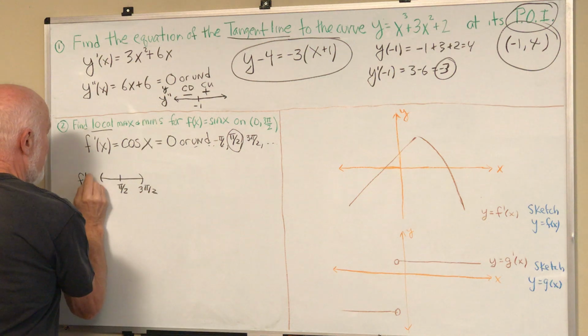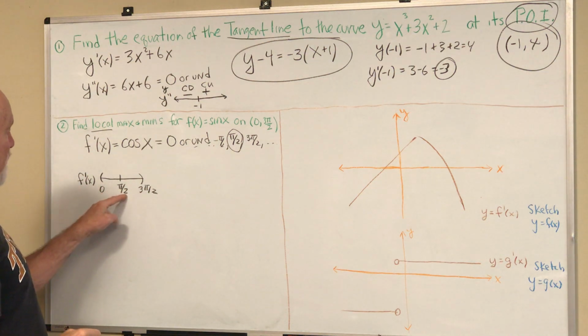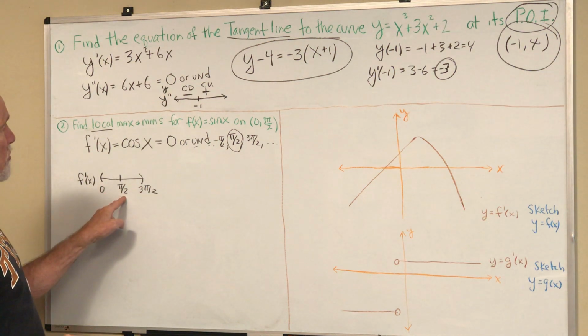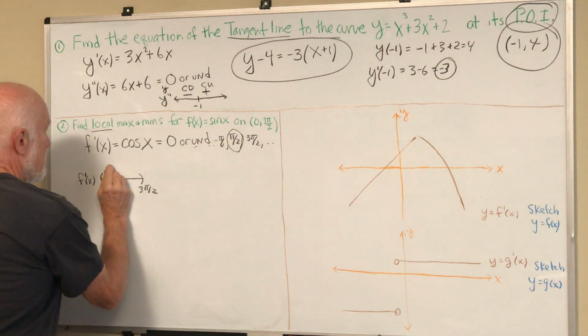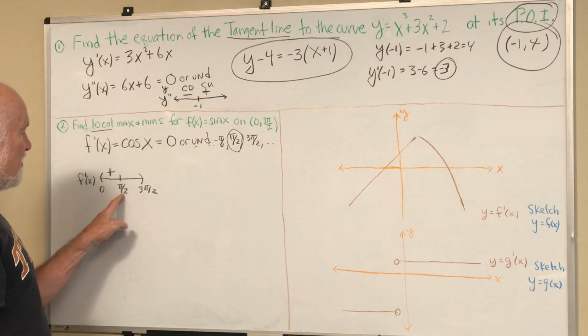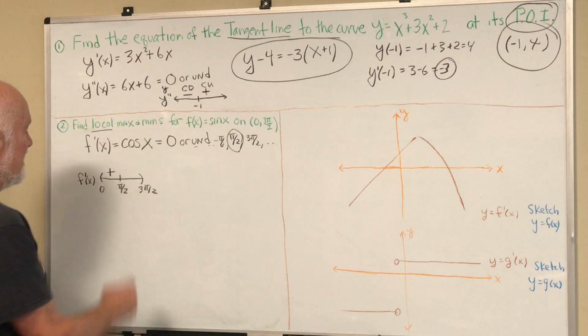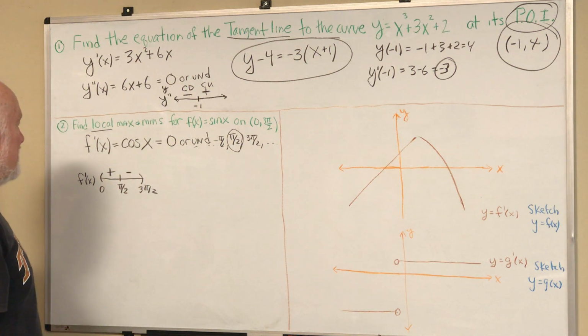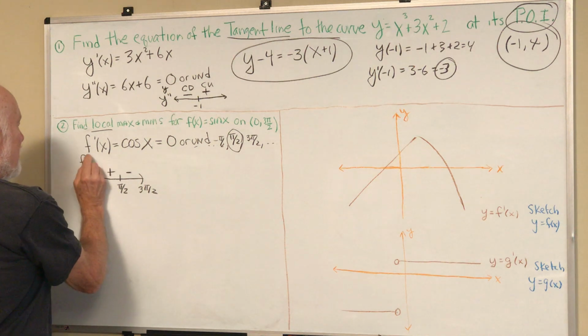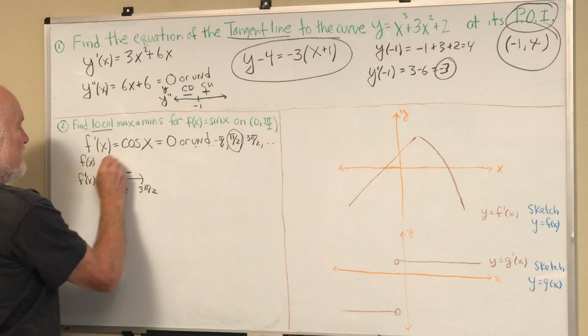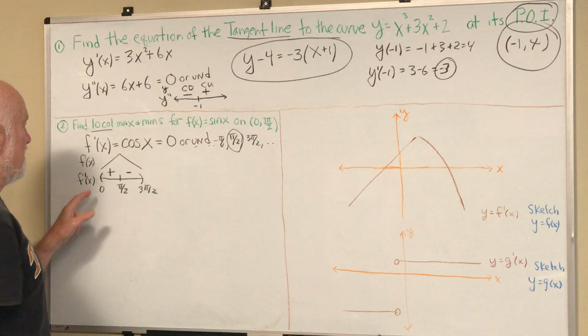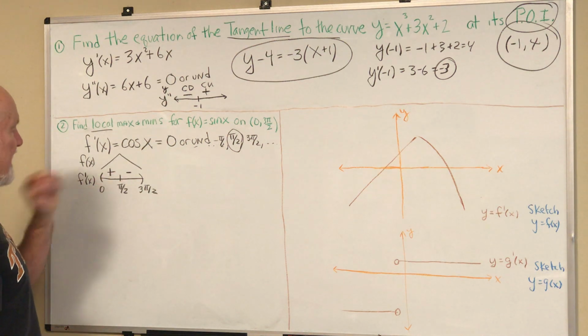If I look at the derivative, we know in the first quadrant from 0 to pi over 2 the cosine is positive, but once you get into the second and third quadrants, which is where this is, it's negative. So we see for sure that the function goes from increasing to decreasing, from a positive slope to a negative slope.